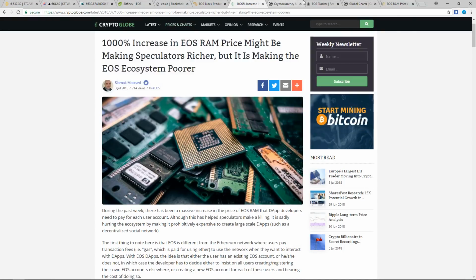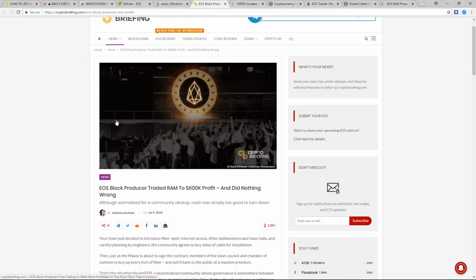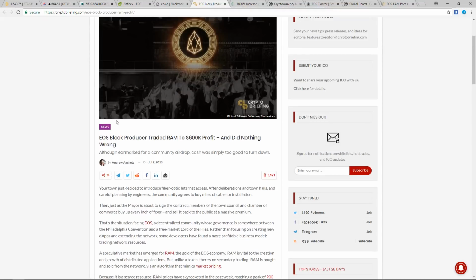And if you don't know what RAM is, RAM in the EOS cryptocurrency is like random access memory. It's like the memory they use for the blockchain. I think they have 2 types of memory: one inside of the blockchain, which is RAM, and the other outside the blockchain.